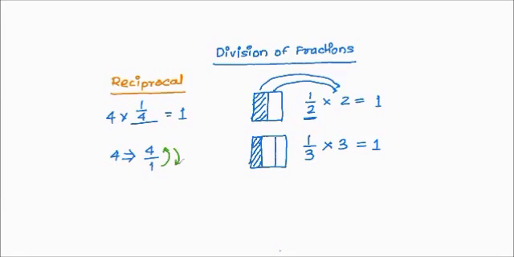What do we get? We get 1 upon 4. And if we multiply 1 upon 4 with 4 upon 1, what we get is 1 into 4 upon 4 into 1. Common factors, 4 ones are 4, 4 ones are 4. So it will come 1 upon 1, which is equal to 1. So I get the answer 1.